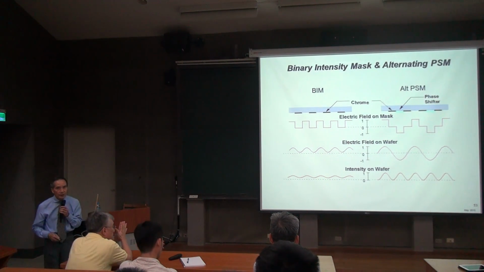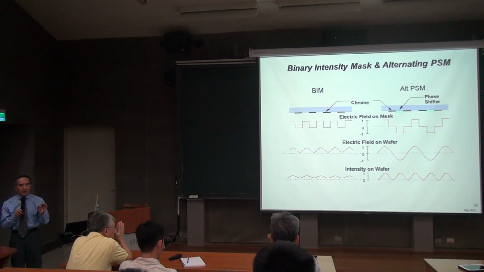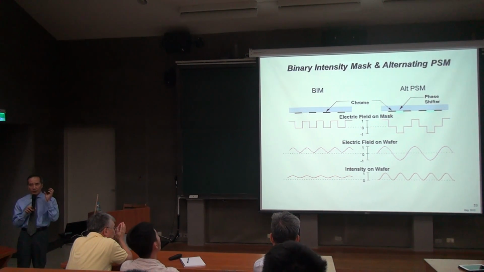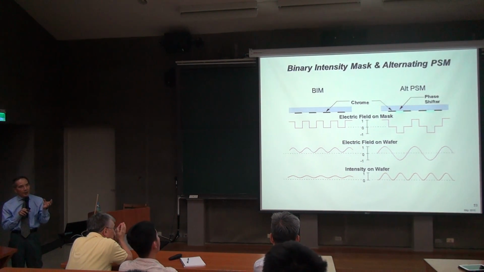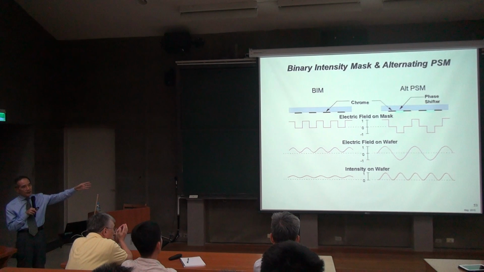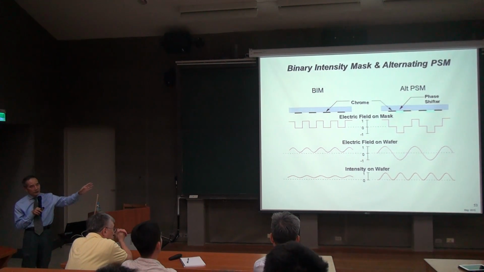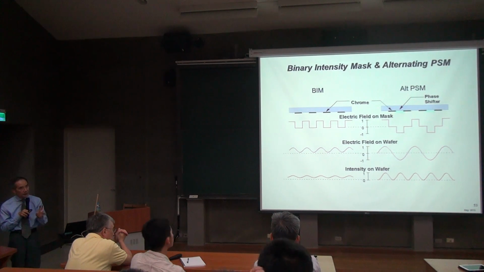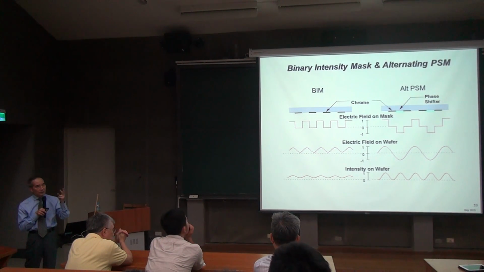Much higher contrast. And that's how you use it to double the frequency. Let's say originally when I do my best, my lens can only resolve half micron lines and half micron space. Putting a phase shift at every other place will give me 0.25 micron resolution. I'm reducing K1 by a factor of 2.